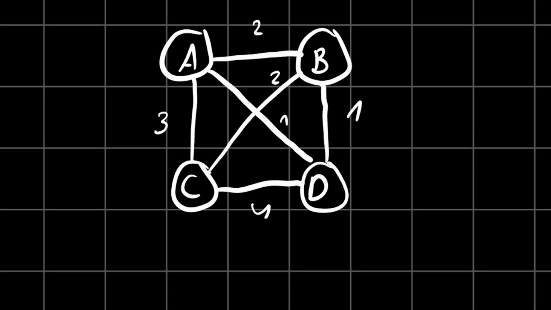So what happens if, say, this is 2 as well, right? And let's say we have 2 spanning trees like so. We go from A to B and B to D, and then A like so. So we have 2, 2, and such.